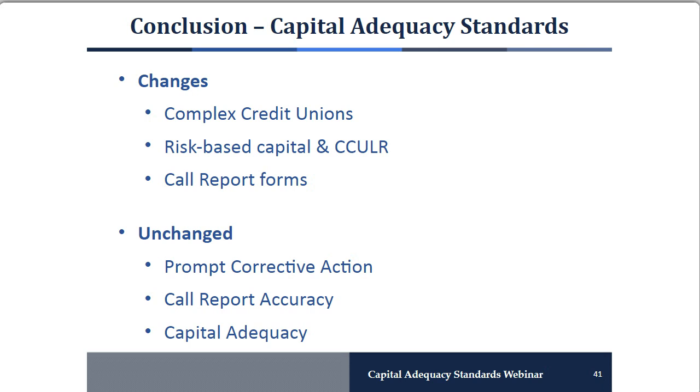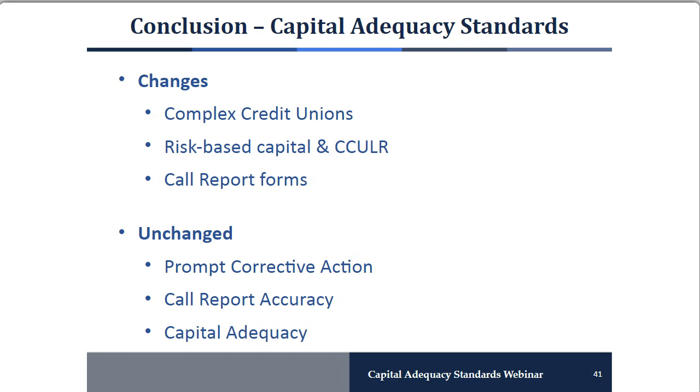Starting with the March 31, 2022 call report, credit unions will be able to opt into the CULR framework. In addition, with the March call report, new data points have been incorporated in order to calculate the credit union's risk-based capital ratio. In other words, we've made the form in terms of the data feeding from other schedules as user-friendly as possible.